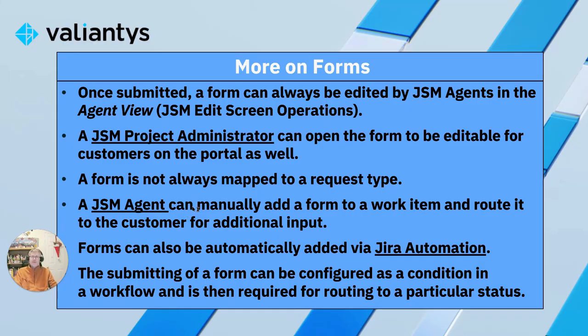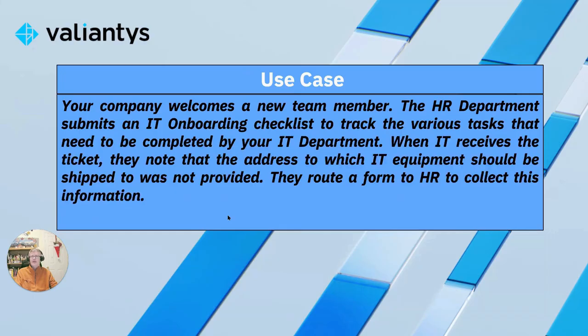And this can not only be done manually by the agent, it can also be done automatically through Jira Automation. And the last point I'd like to make is that you can even configure a JSM Jira workflow in a way where the submission of a form is a condition for routing that request on to the next workflow status.